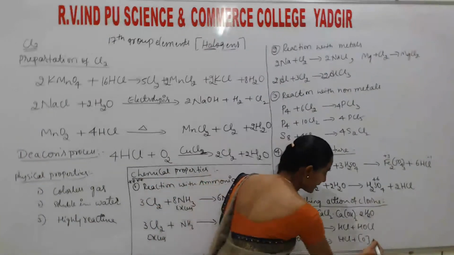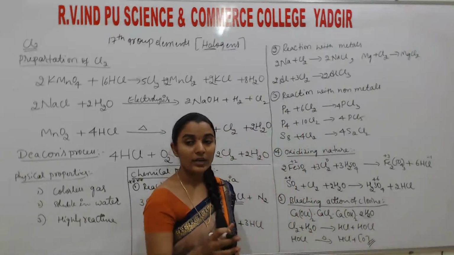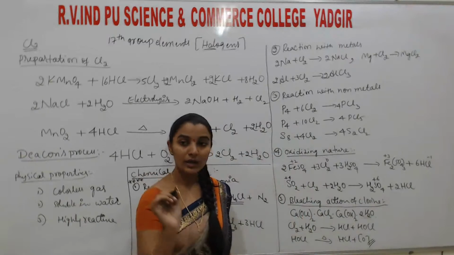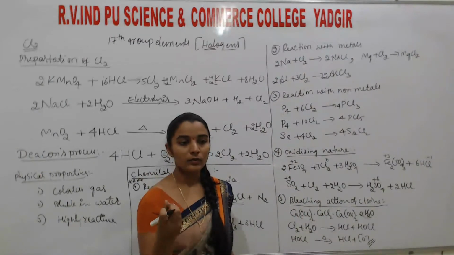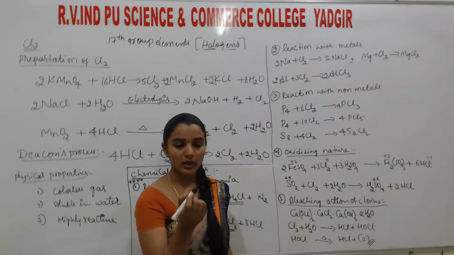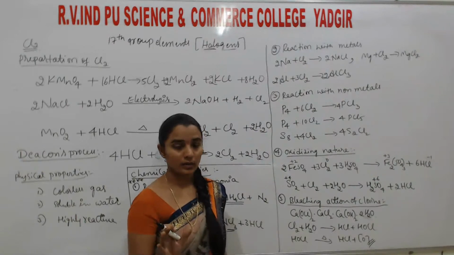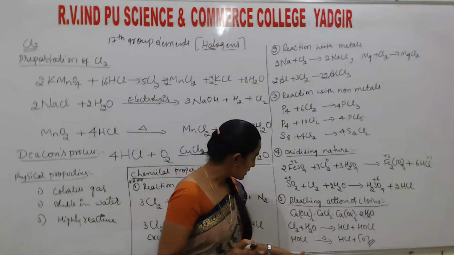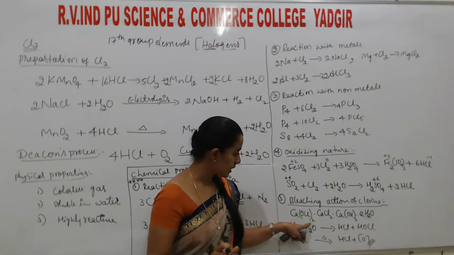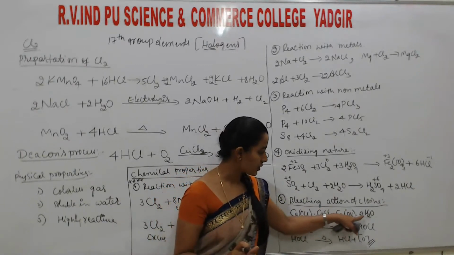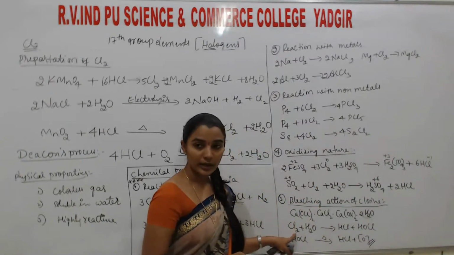So students, this nascent oxygen comes in contact with the colored compound. You know, fabrics are in color. What I wear is brown color. Okay, this is any fabrics. Fabrics are, of course, in color. So how this bleaching action works: when this CaOCl2, CaCl2, Ca(OH)2 and 2H2O come in contact with water, they release chlorine gas.